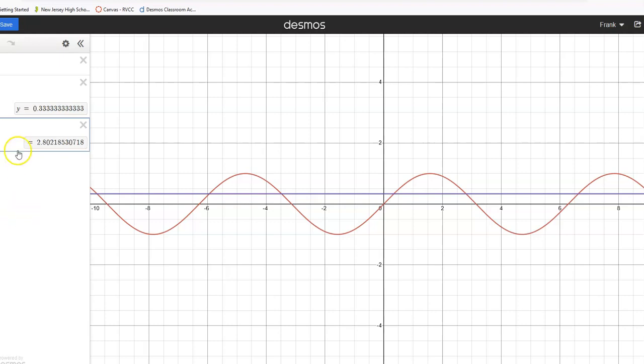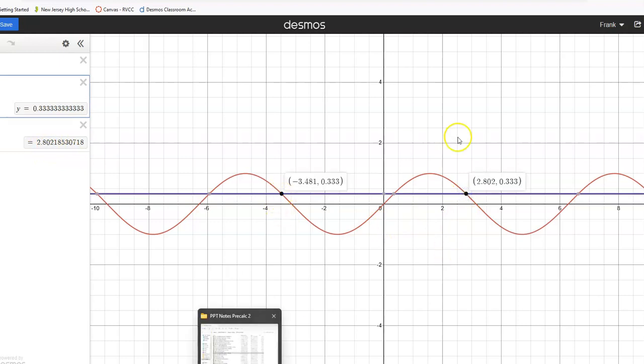What do I end up with? You can see it in the box down here. I end up with 2.802. Where is that? Is that over here? It is. So here's -3.481. If I add 2 pi to it, I get this answer. If I add another 2 pi, I get the one that's just outside the range of your viewing screen.